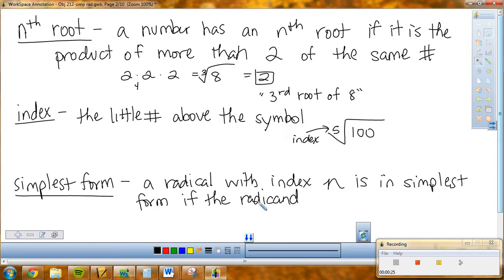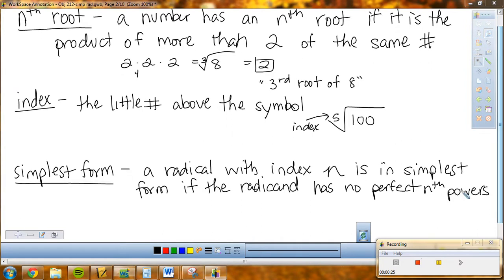And remember, radicand is the number under the root. And we'll talk more about that when we begin to simplify. But really, we're just saying that if I'm taking the square root, there are no perfect squares left. If I'm taking the third root, there are no perfect third roots left. Same thing with 4th, 5th, however many, depending on what the index is.